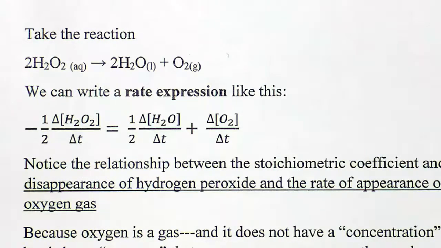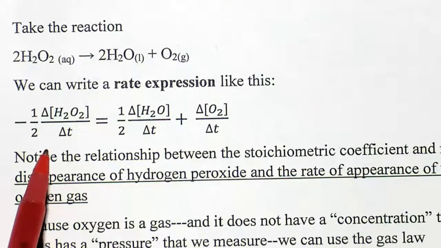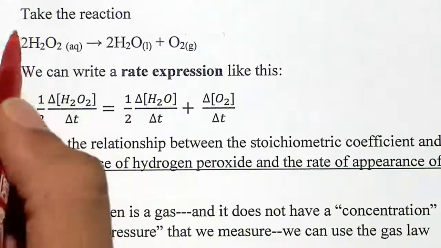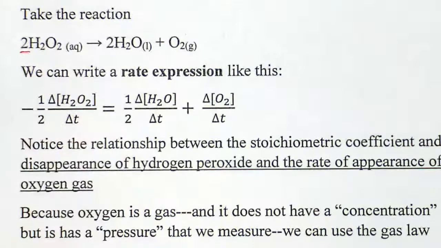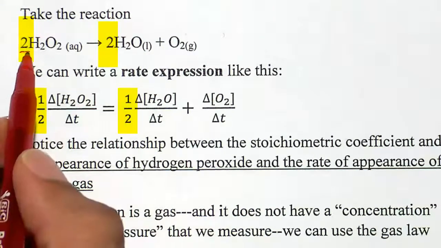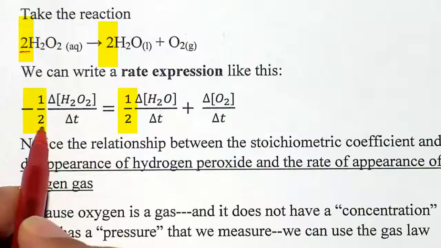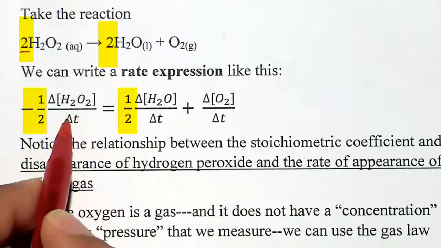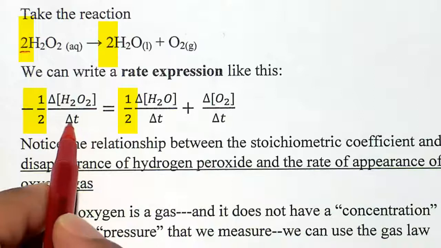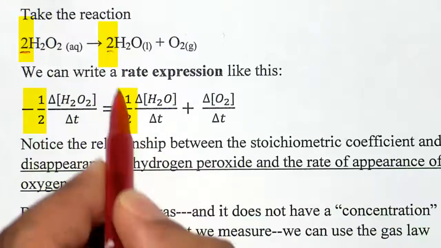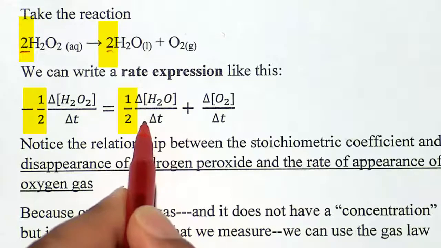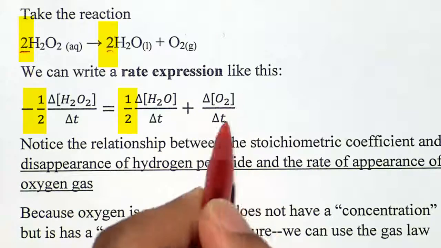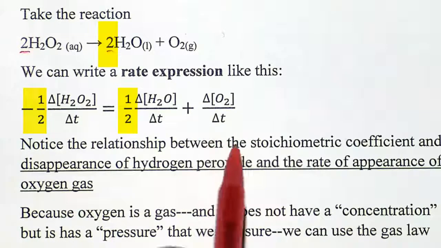And if we want to determine how fast it happens, we are interested in the rate. So if you look at this reactant, there's 2 moles of hydrogen peroxide. The rate expression actually has to do with the inverse of that stoichiometric coefficient. So minus 1/2 the rate of change of hydrogen peroxide over time must equal 1/2 the appearance, or the buildup, of water over time, plus the rate of appearance of oxygen over time.